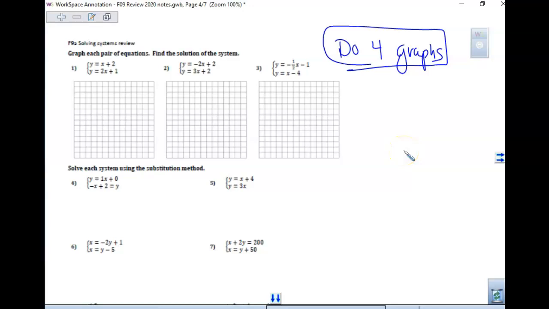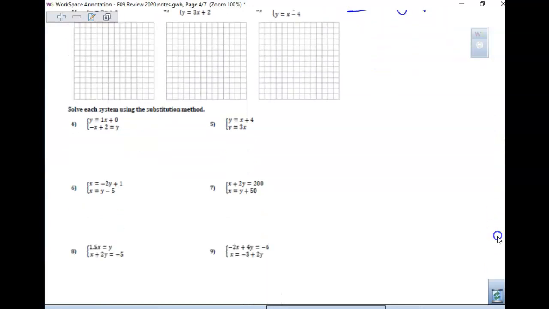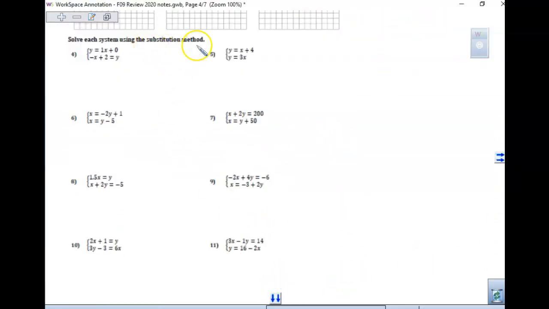As you take a look at questions 4 through 11 on this page, 4 through 11, those are doing the substitution. So if you're thinking about this, this is when you circle something. So substitution is when you might have y equals, or maybe you had x equals that you circle, and then you go to the other equation and you put that in a parenthesis.